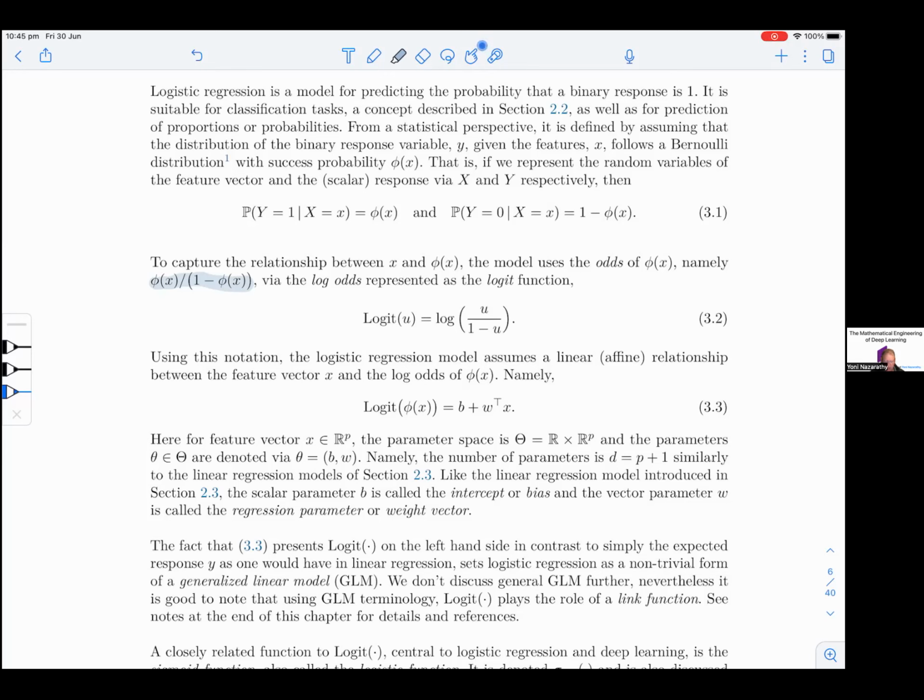Using this notation, the logistic regression models assume a linear, well, affine, relationship between the feature vector x and the log odds of phi of x. Namely, this is the underlying relationship in logistic regression. The logit, or log odds, of phi of x is affine in x.